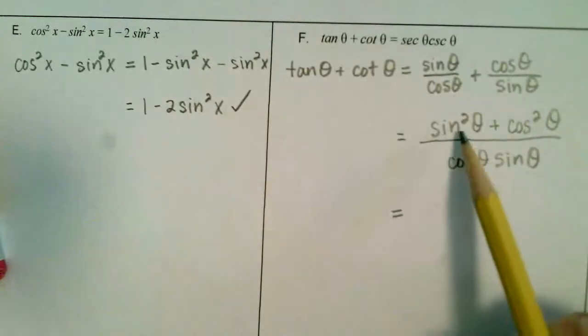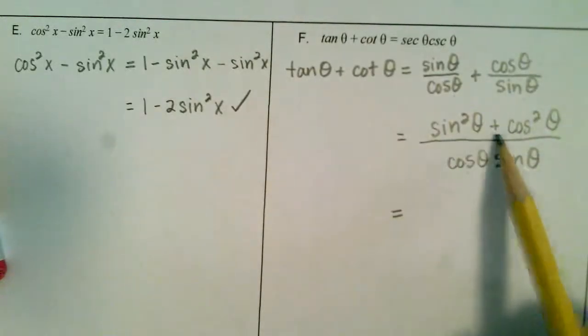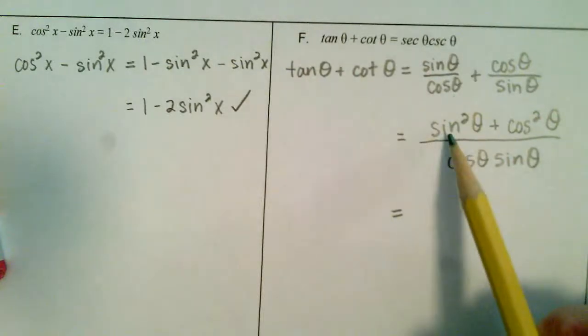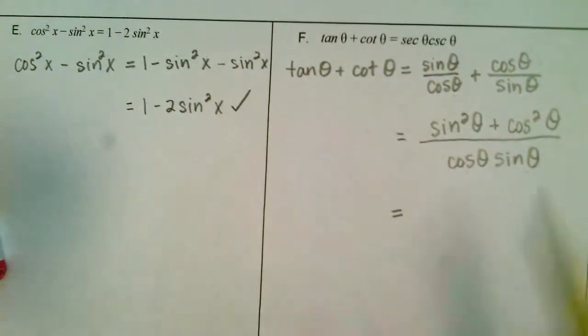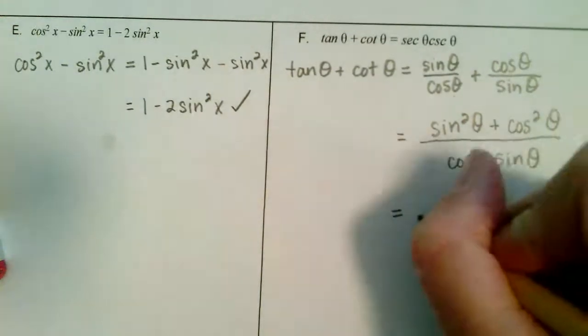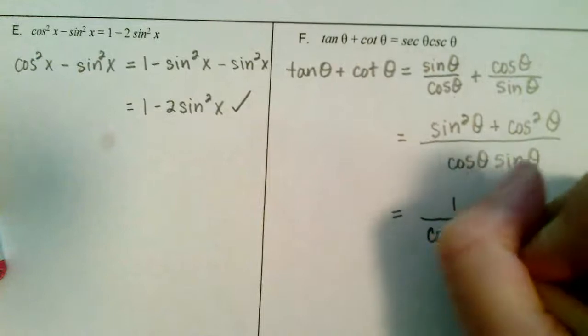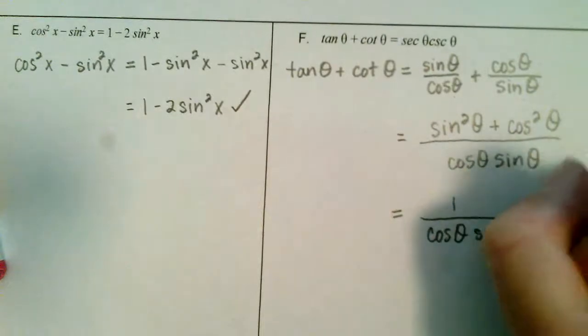So now I notice that sine squared theta plus cosine squared theta, whenever I have something squared, I'm thinking I'm going to use one of my Pythagorean theorems. And I remember that sine squared theta plus cosine squared theta is 1. So I get 1 over cosine theta sine theta.